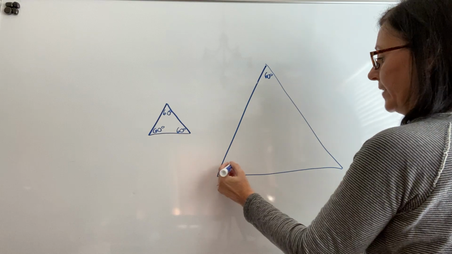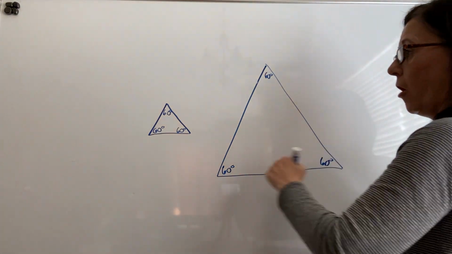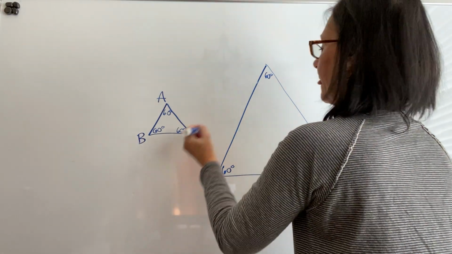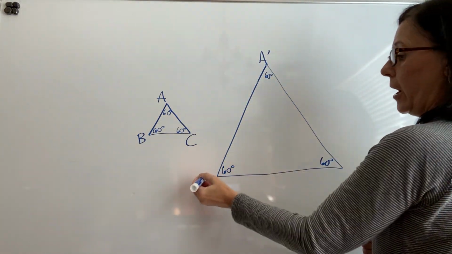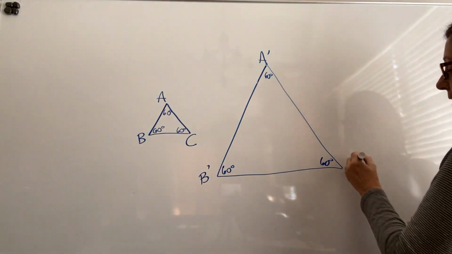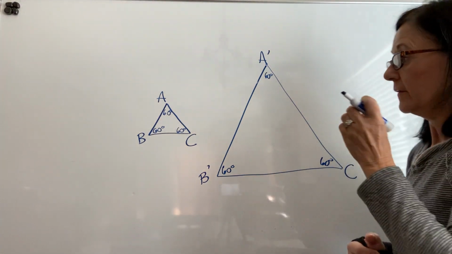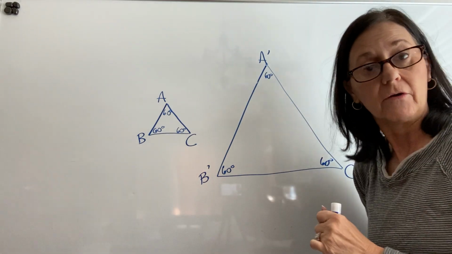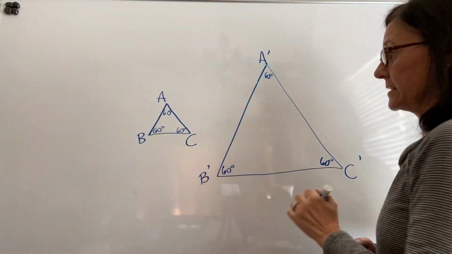I could know that all the angles are equal. I'm gonna call this A prime, B prime, C prime. All of the angles are equal. Angle A is congruent to angle A prime, B to B prime, C to C prime.